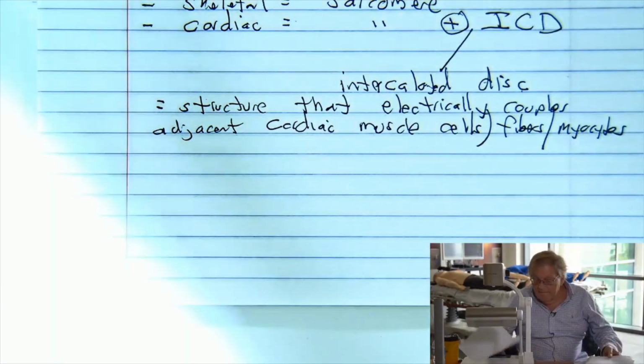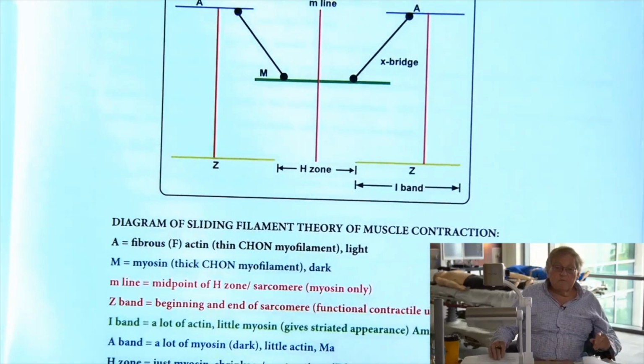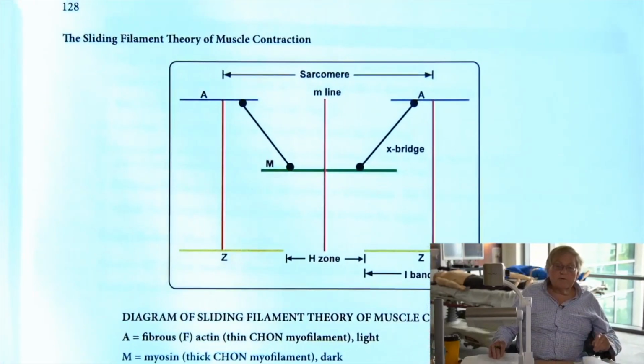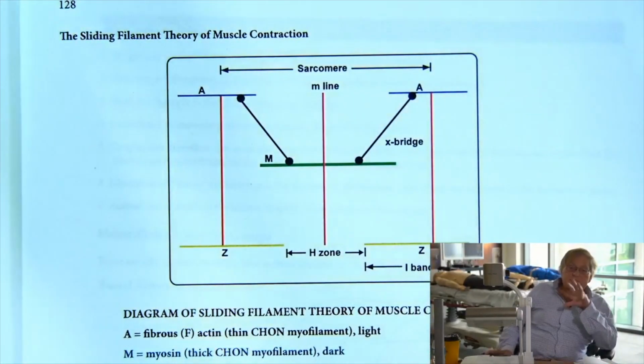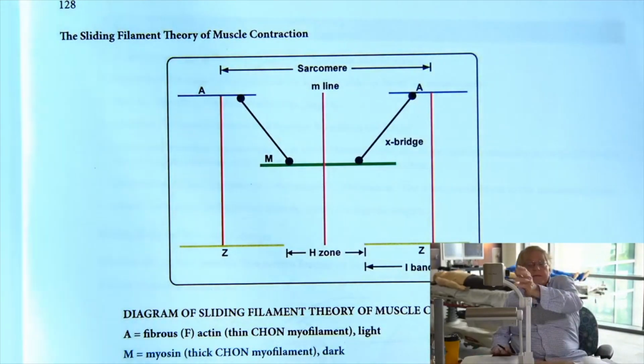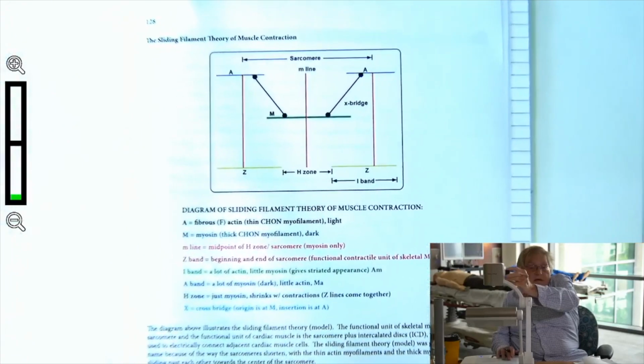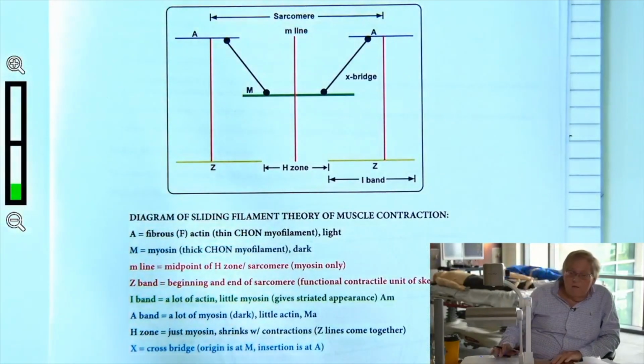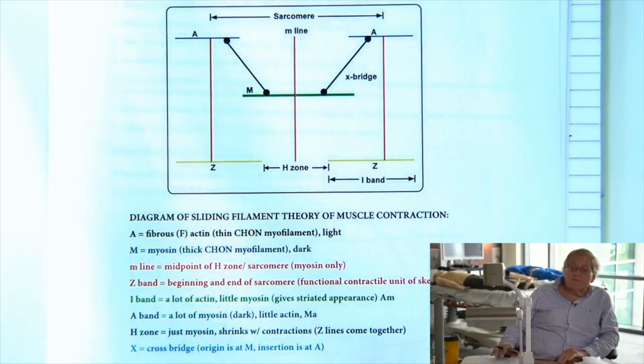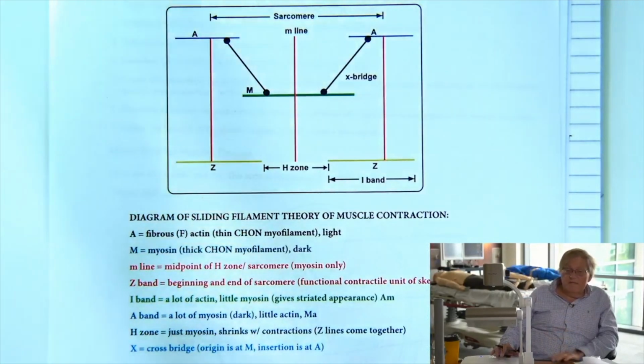When you go to page 128 of your textbook, you're going to see something called the sliding filament theory of muscle contraction. That is what I would really call microscopic anatomy. These are structures that I could not see with my eye alone. I would have to have an electron microscope to see these.